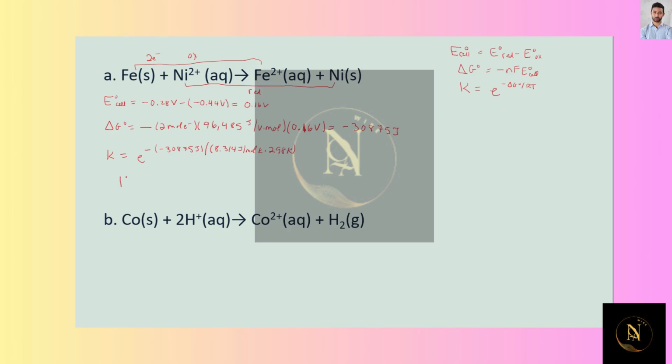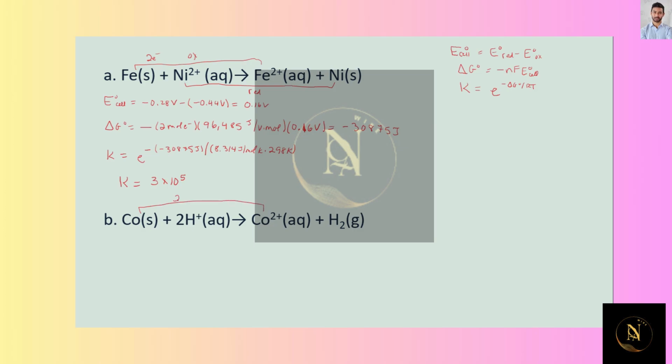We plug all that into the calculator and we find that the equilibrium constant for this first one, rounded to 1 sig fig in the answer key, is 3 times 10 to the 5th.